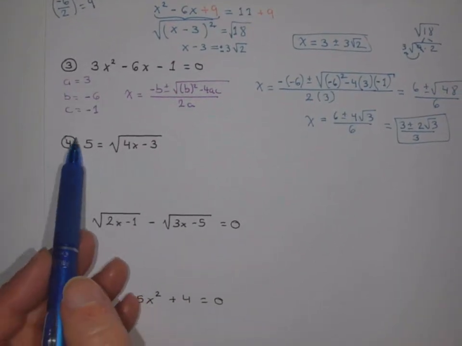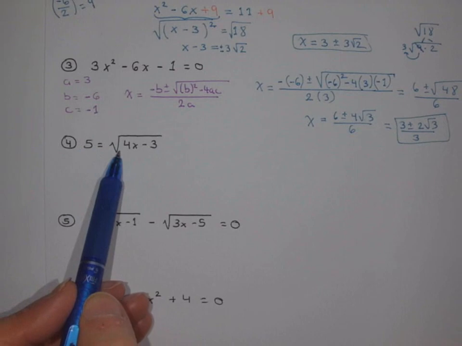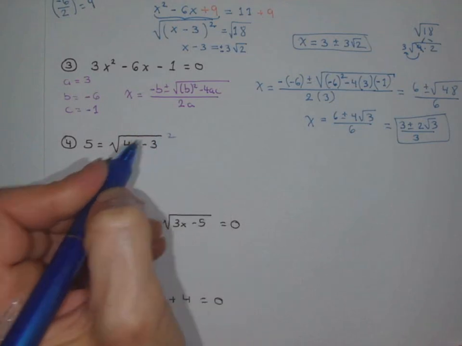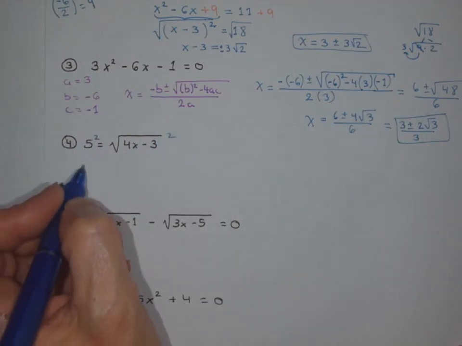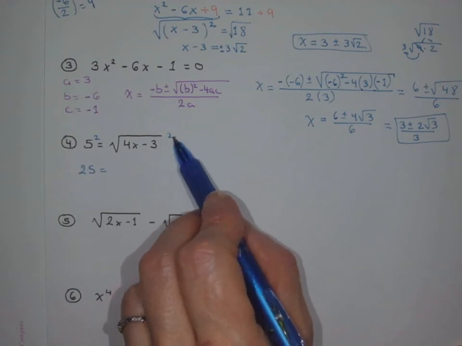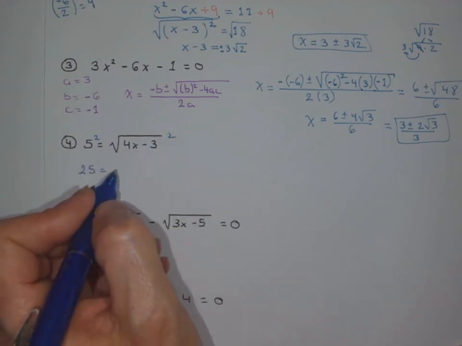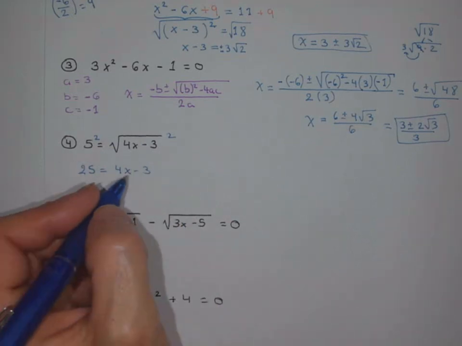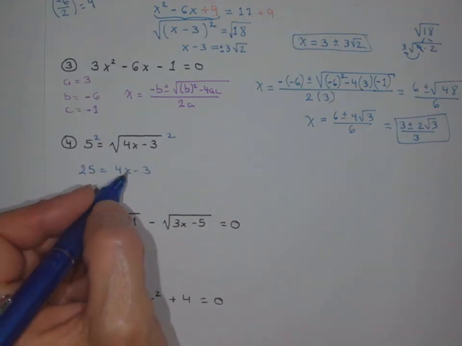Here we have an equation with a square root. So to solve an equation with a square root, we need to square both sides. So that becomes 25 is equal to, the square and the square root are inverse operations of each other, so they cancel each other out, and we are left with 4x minus 3. So now it's just a matter of a two-step equation, right?